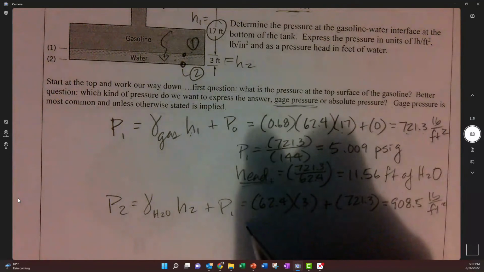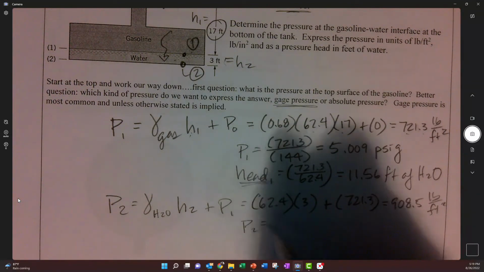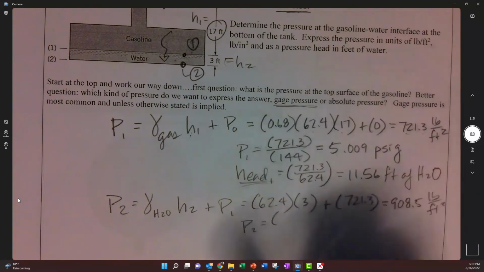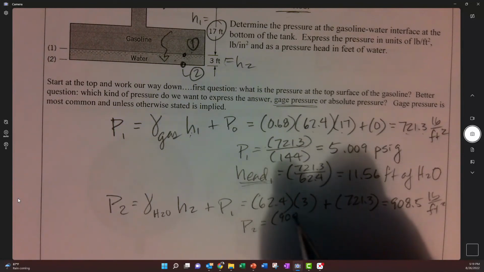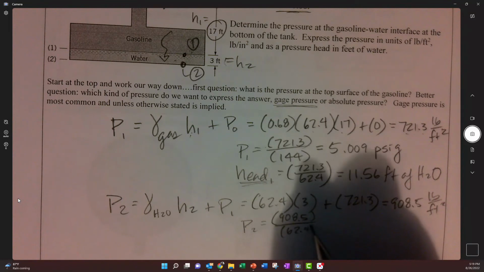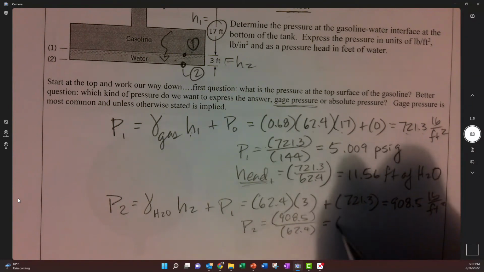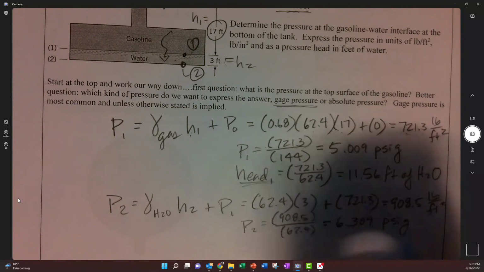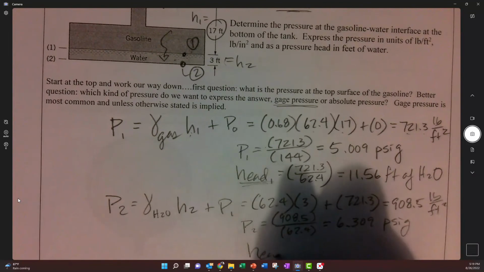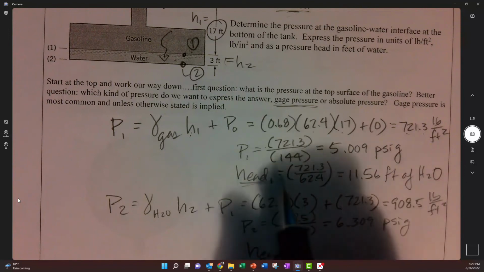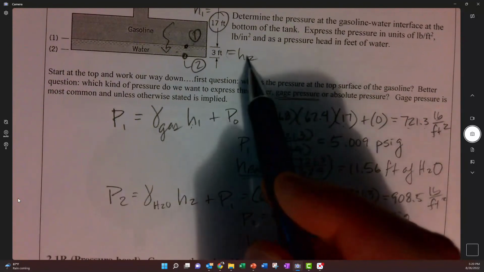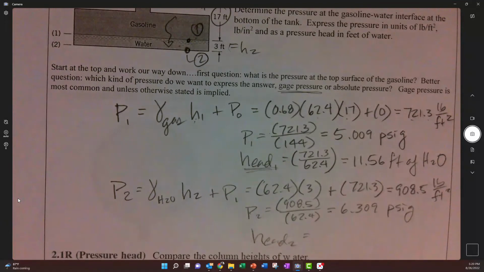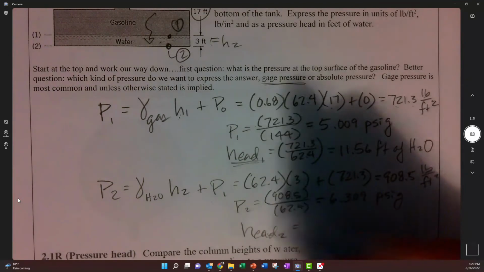But of course, we'd rather have this in PSIG. So it's 908.5 divided by our 62.4. And that's going to give us 6.309 PSIG. And then if we wanted the head, I could call it H, but it's going to be easier because we already called this H up here. I'm going to call this as a specific thing we're going to call head.